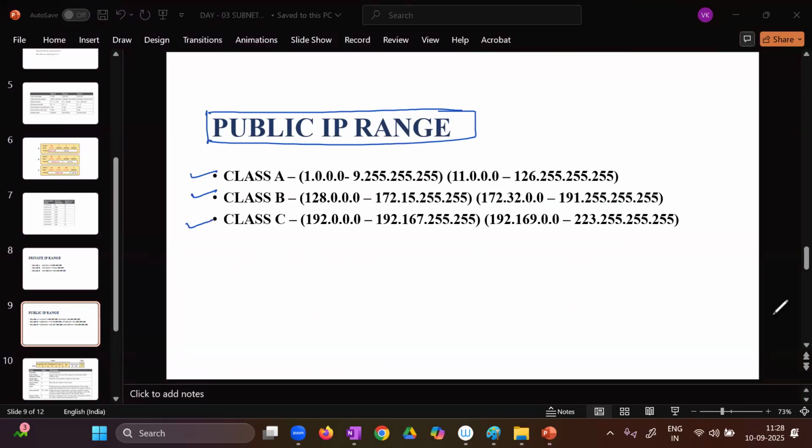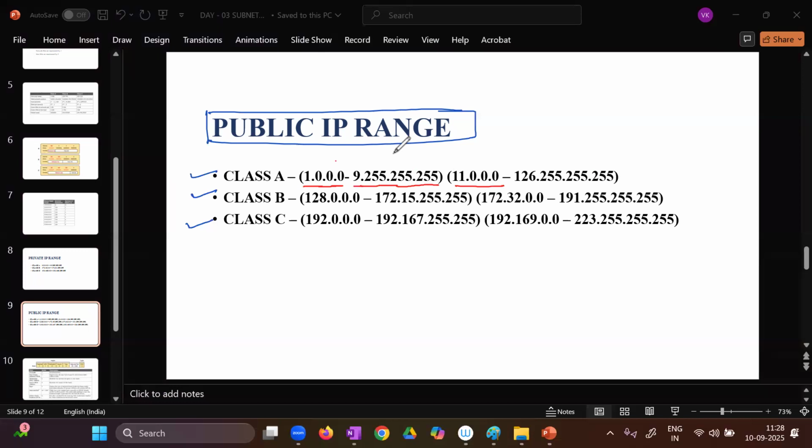Now you know that in Class A, IP from 0 is reserved and IP from 127 is reserved. That's why it is starting from 1.0.0.0 till 9.255.255.255. Then again it is starting from 11. Why not 10?